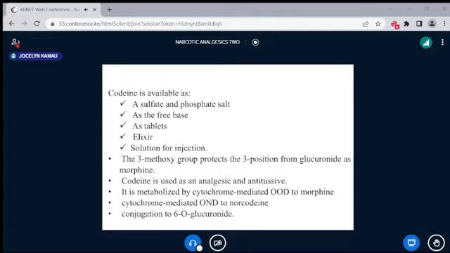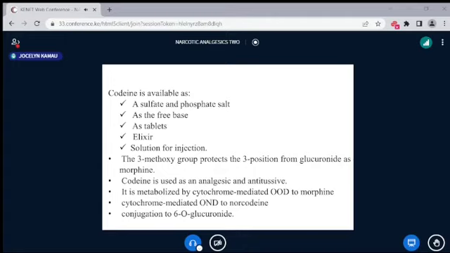It will also be metabolized by cytochrome-mediated oxidative N-dealkylation to norcodeine, removal of the N-methyl group up there, with decreased activity, and also conjugation to the 6-O-glucuronide.